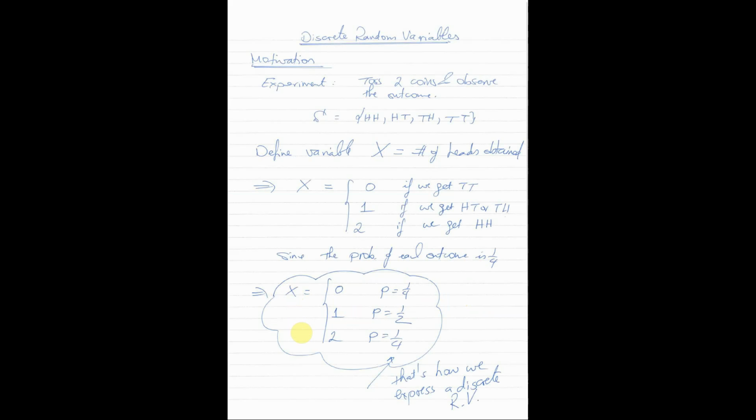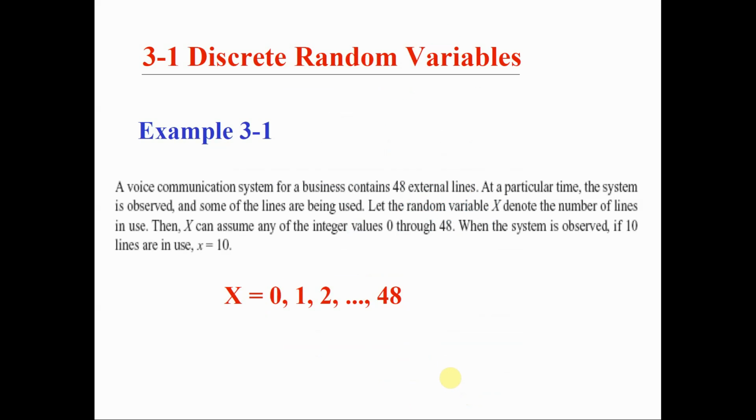It goes until infinity, but it's countable because we have 0 or 1 or 2, so we can point our finger to the different values. And this is not the same as the range x greater than or equal to 0. This is continuous because we have everything from 0 onwards, including the 0.0001 and all the fractions as we go. Okay, so I hope this is clear.